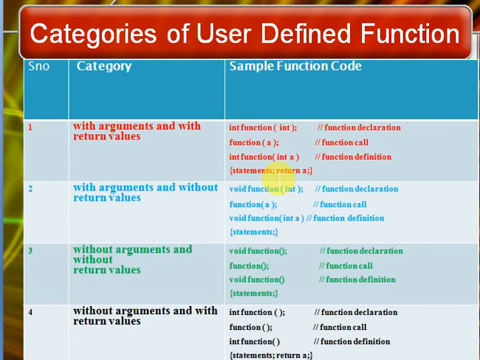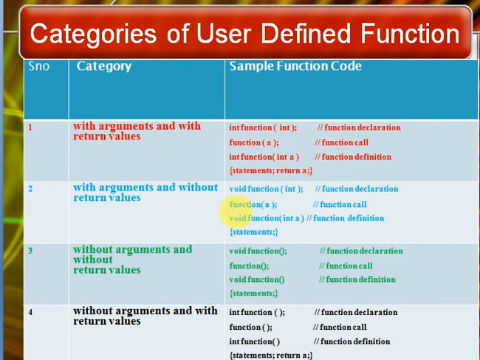The next category of user defined function is where the main function uses arguments but without a return value. So its sample function code is void. Void means no return value. Name of function, its one argument of type integer terminated with a semicolon, and this statement is the function declaration or function prototype statement.